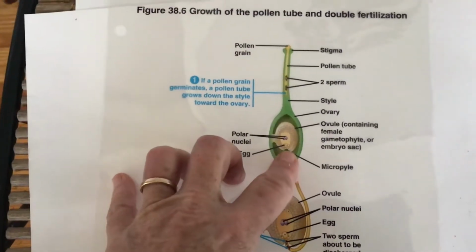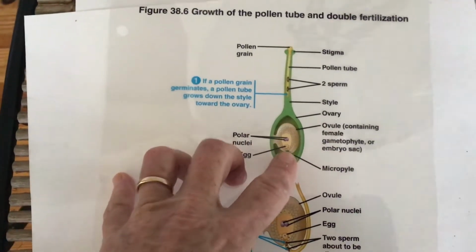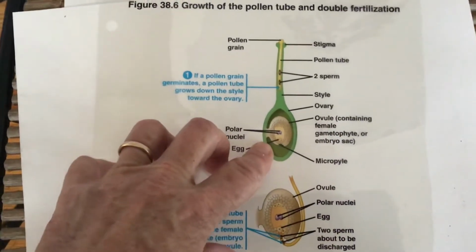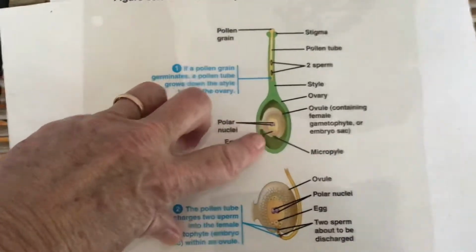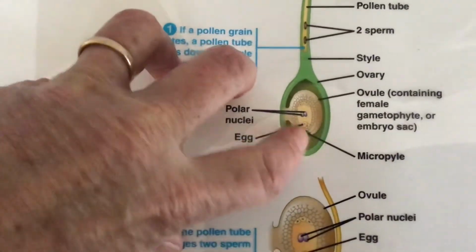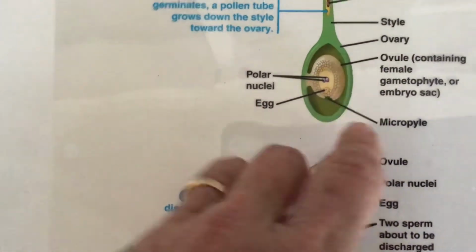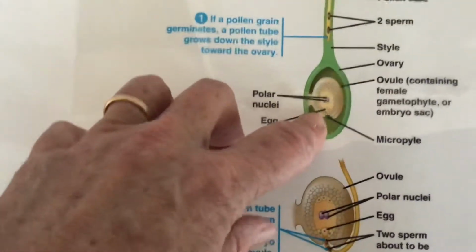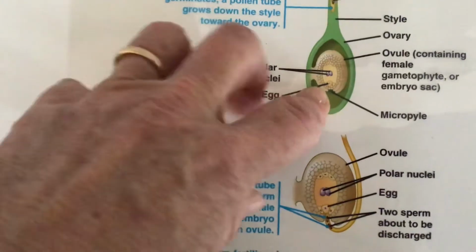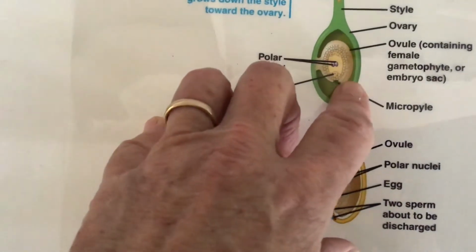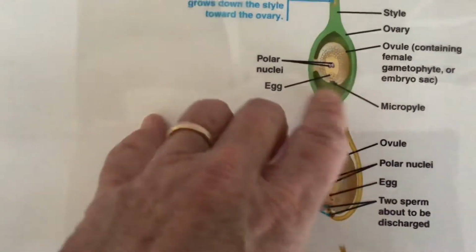The micropyle is between the integuments of the ovule. Now, I don't know if you can really see this very well, but look, there are 2 integuments. Remember way back I was talking about how the gymnosperms had 1 integument, and the angiosperms have 2.